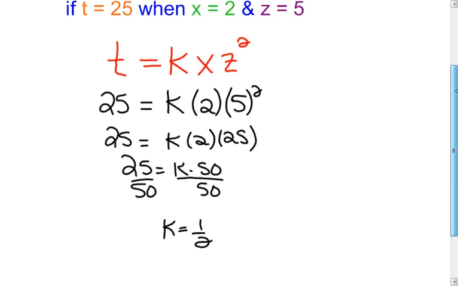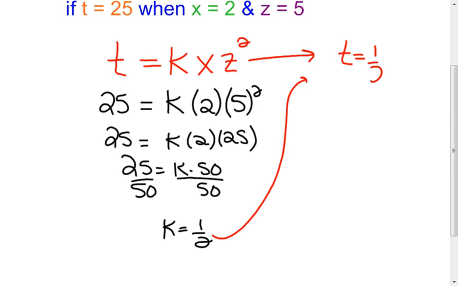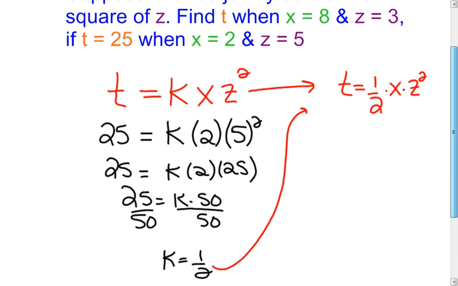Now I know my constant. I'm going to back up all the way to this parent function here, and I'm going to plug in what I know now. Now I know that t equals 1/2 of x times z squared, and I'm going to plug in my new information. Now it says to find t, so I will find t when x is 8 and z is 3.